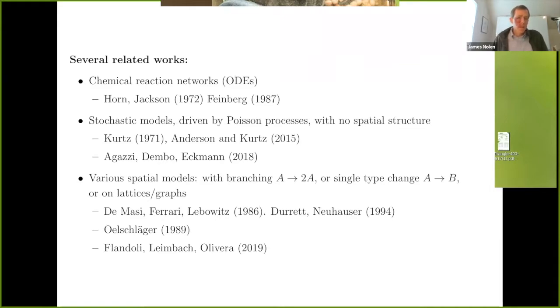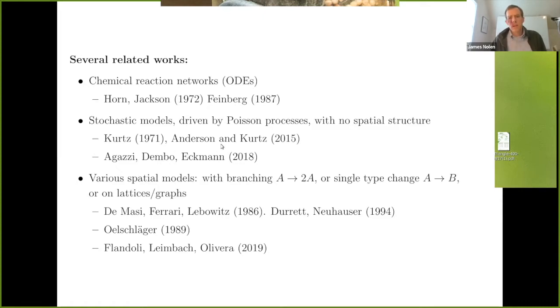There are also several works on stochastic models and how the stochastic models may approximate chemical reaction networks. For example, Tom Kurtz in the 70s showed that certain stochastic models driven by Poisson processes converge to these chemical reaction network systems of ODEs, and also he derived some central limit theorems.